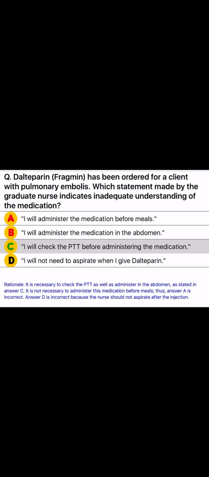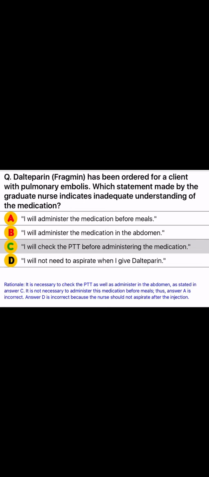Q. Dalteparin has been ordered for a client with pulmonary embolus. Which statement made by the graduate nurse indicates inadequate understanding of the medication? A. I will administer the medication before meals. B. I will administer the medication in the abdomen. C. I will check the PTT before administering the medication.